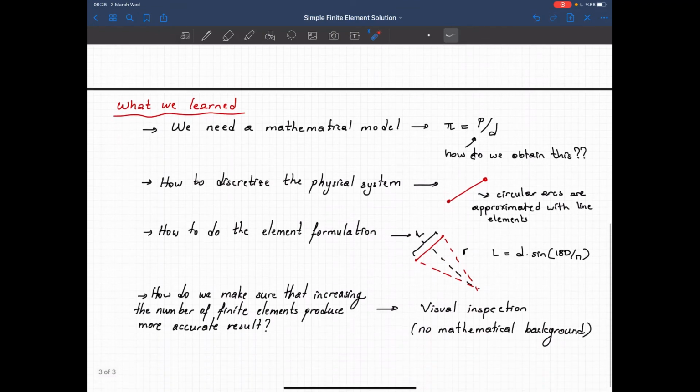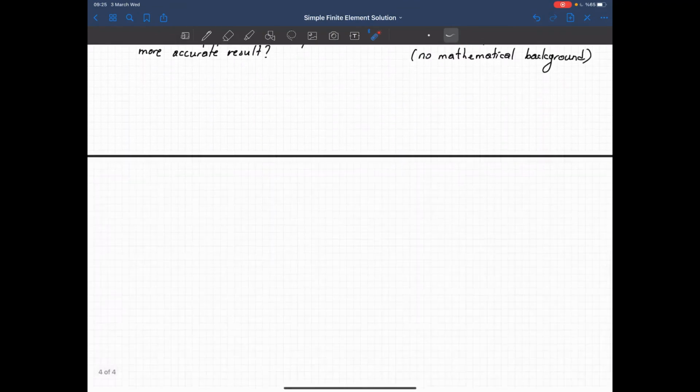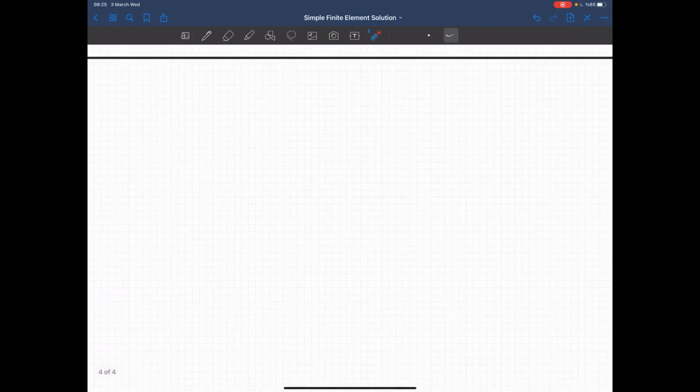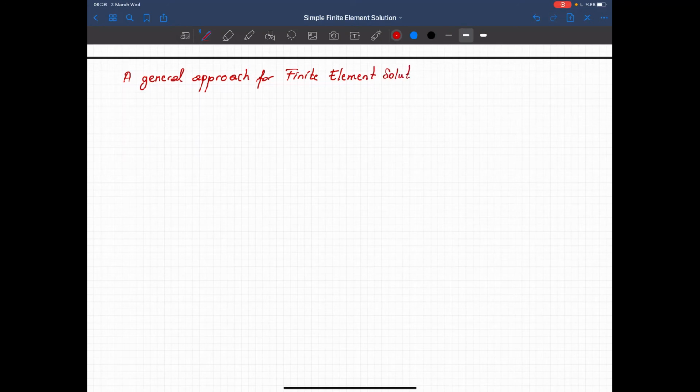So let's summarize this in a more general way. And I will just do it for a finite element solution in solid mechanics. So we can just say that a general approach for finite element solution in solid mechanics.